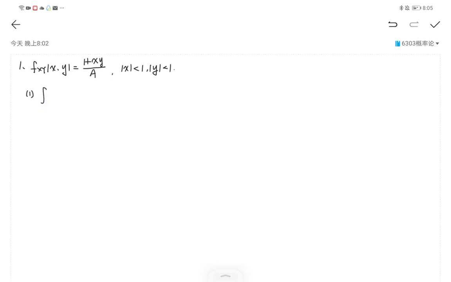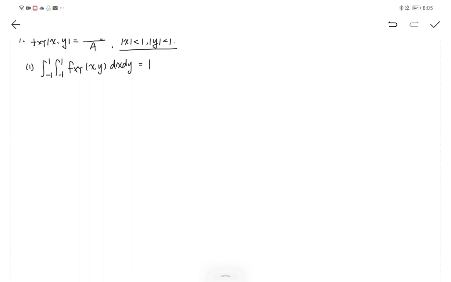So we know that x and y have range from -1 to 1, and the integral should equal 1.